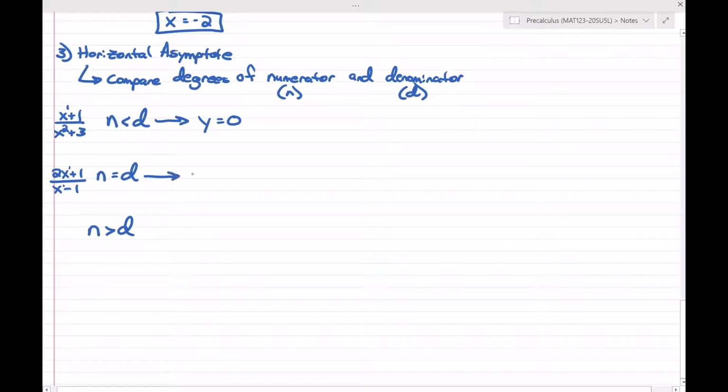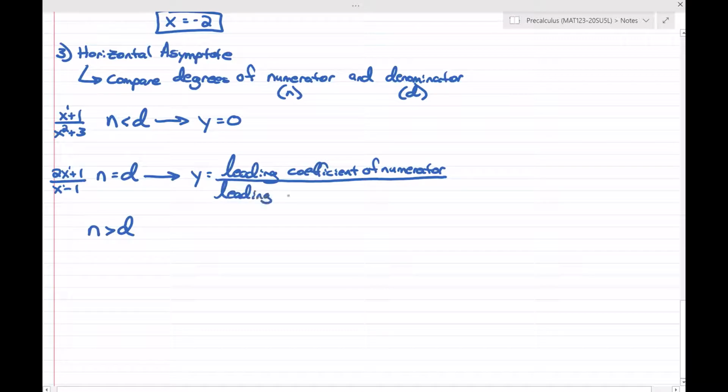Then your horizontal asymptote would just be y is equal to the leading coefficient of the numerator divided by the leading coefficient of the denominator. In this case, it would just be y equals 2 over 1.